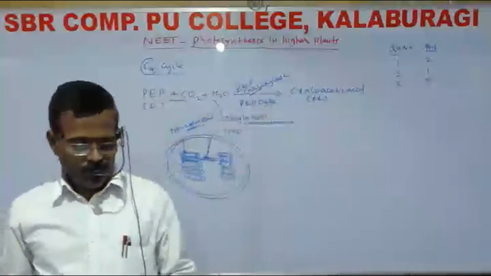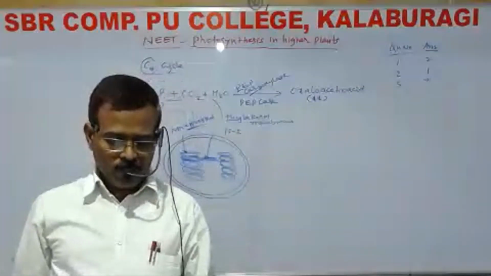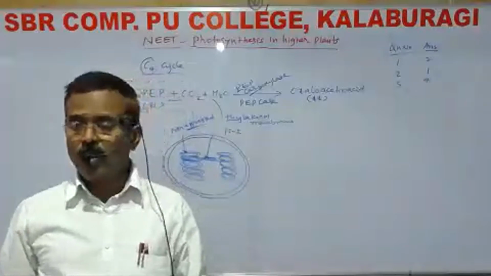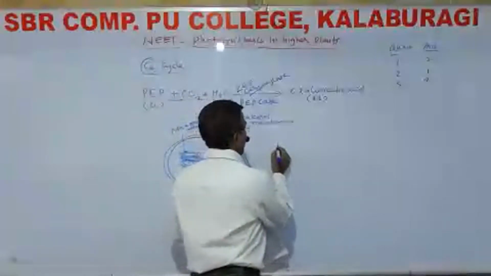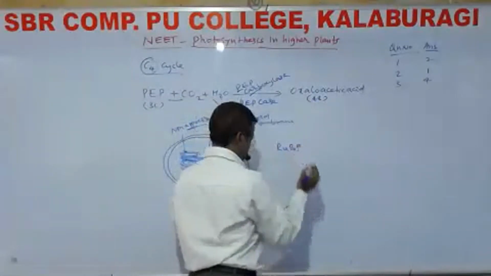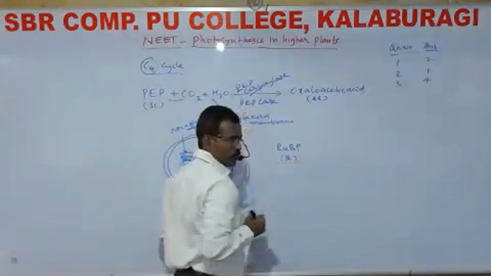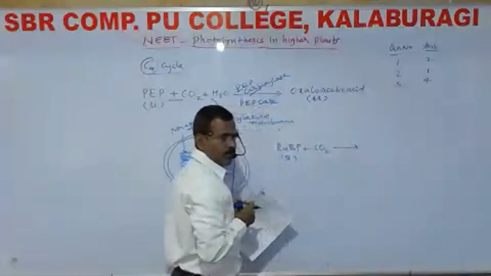Next, in the Calvin cycle, if one molecule of RuBP is carboxylated, then how many PGA molecules will be formed? So here they are asking about the Calvin cycle, RuBP, one molecule. It is a 5-carbon compound. It fixes carbon dioxide in the presence of the Rubisco enzyme.